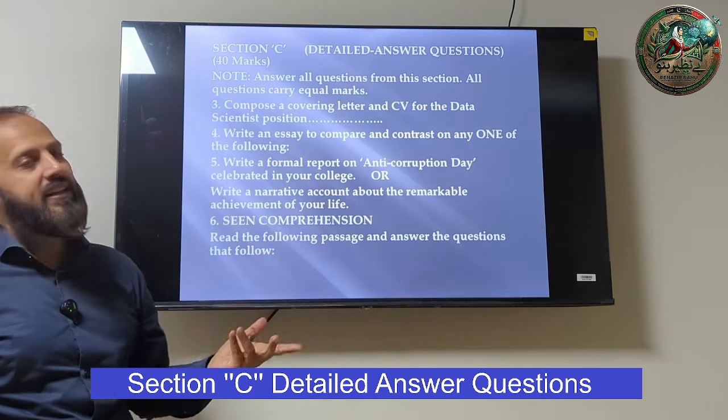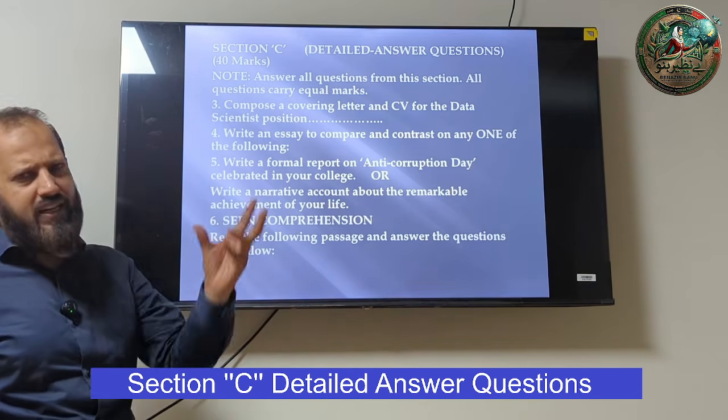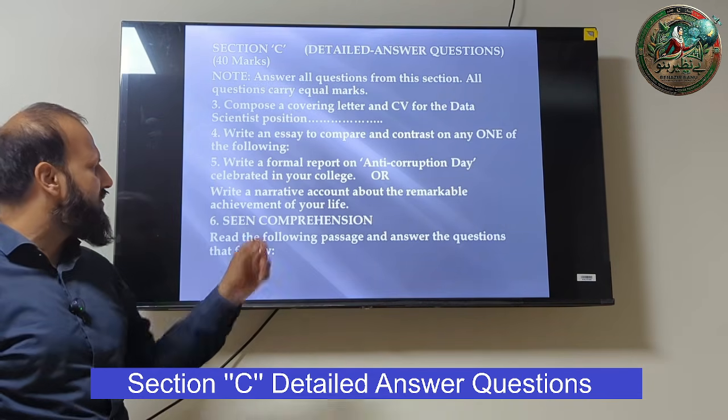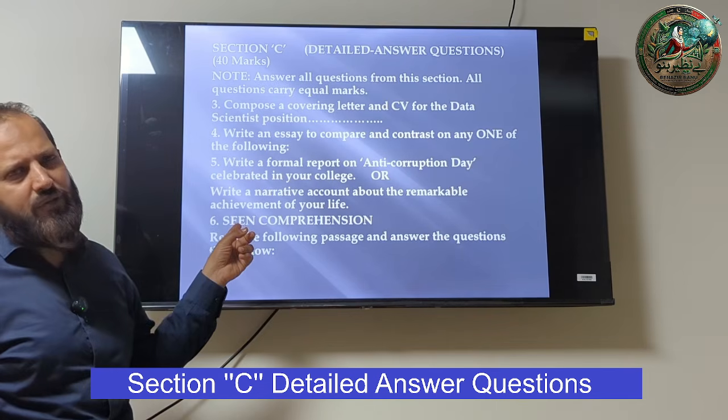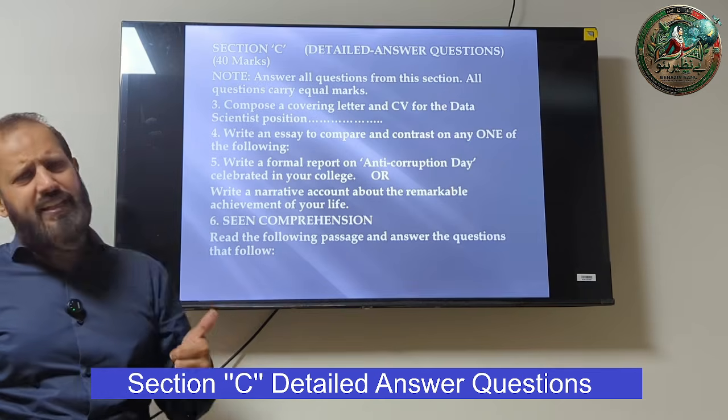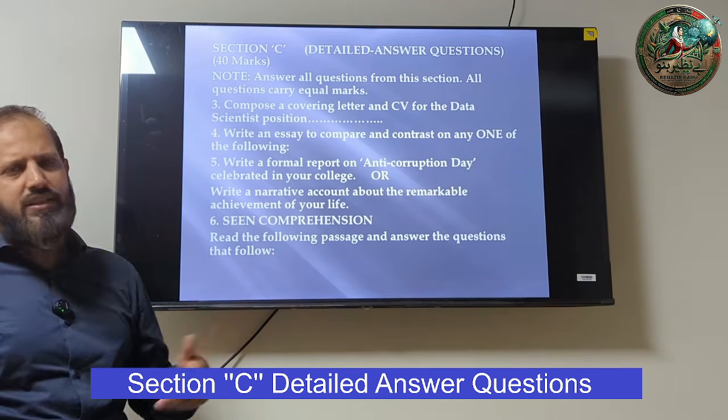You narrate the story, like it's a part of essay writing, but it's a little different. I will discuss. This would be question number 5. You have the choice of formal report and narrative account. So it's up to you.